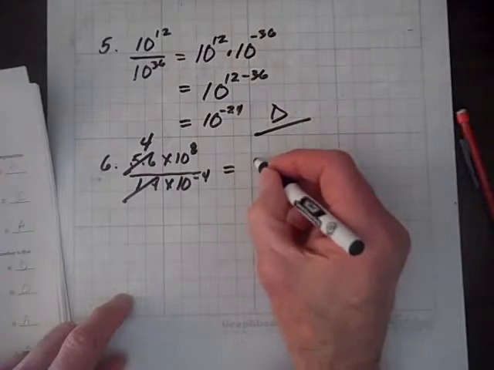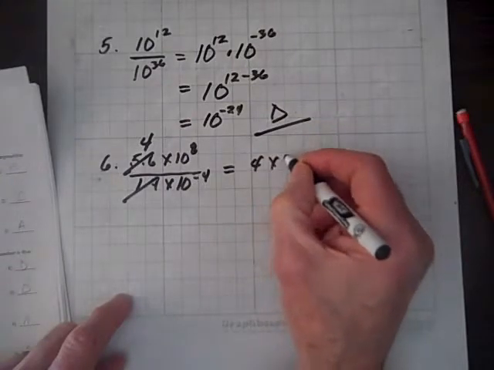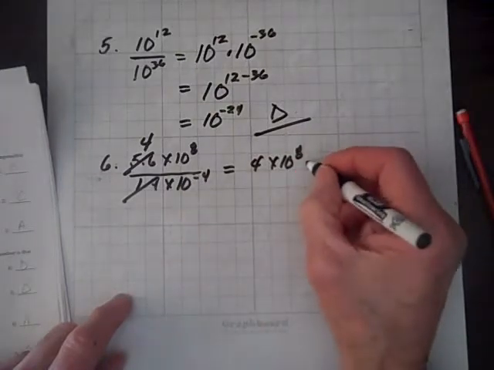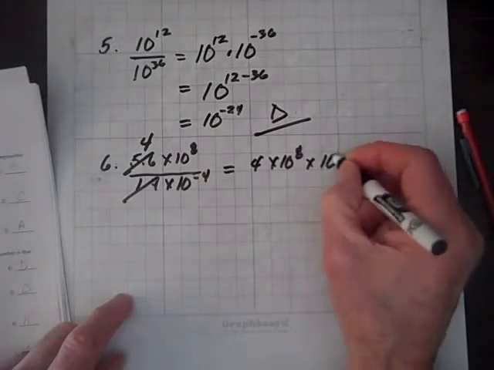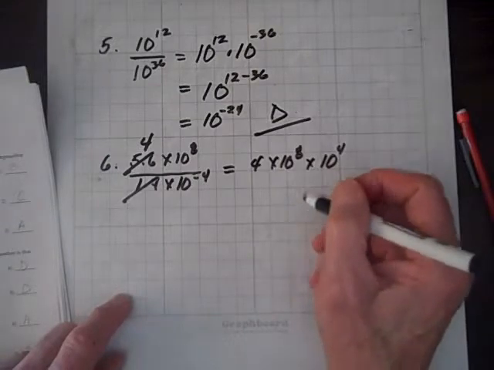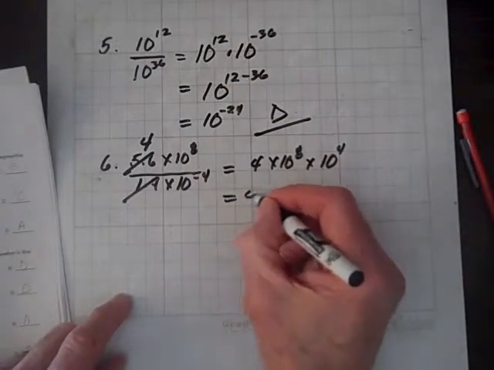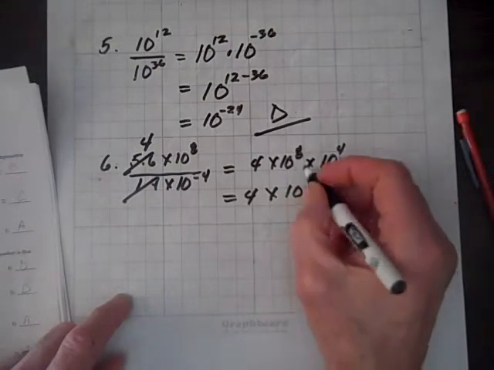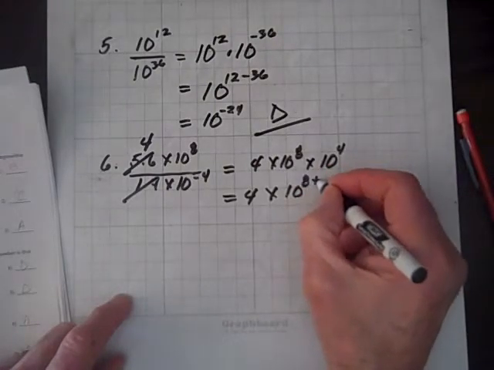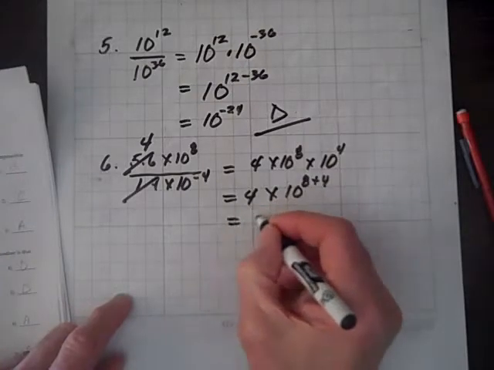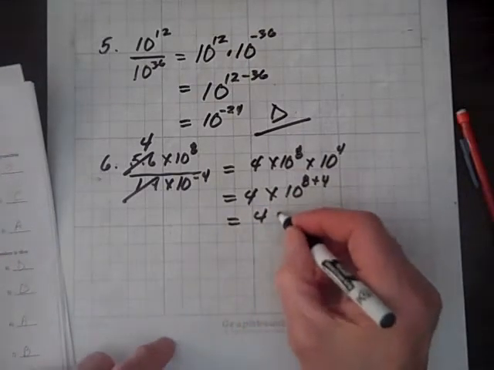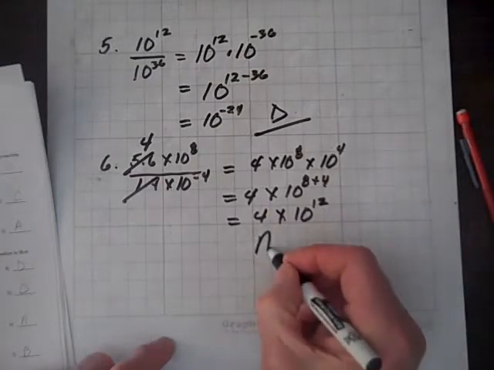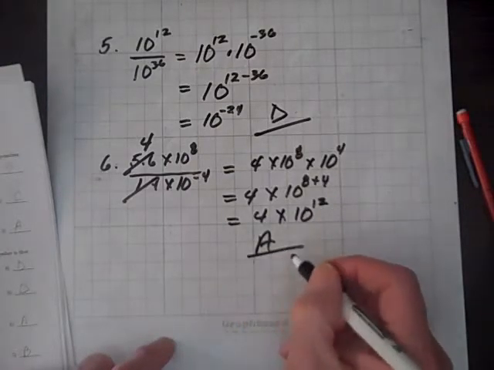So now we have 4 times 10 to the 8th, and we can move this factor upstairs if we change the sign on the exponent and make it a positive 4. So that's 4 times 10. Since we have identical bases, we can go ahead and add the exponents, and that's 4 times 10 to the 12th, and that corresponds to A.